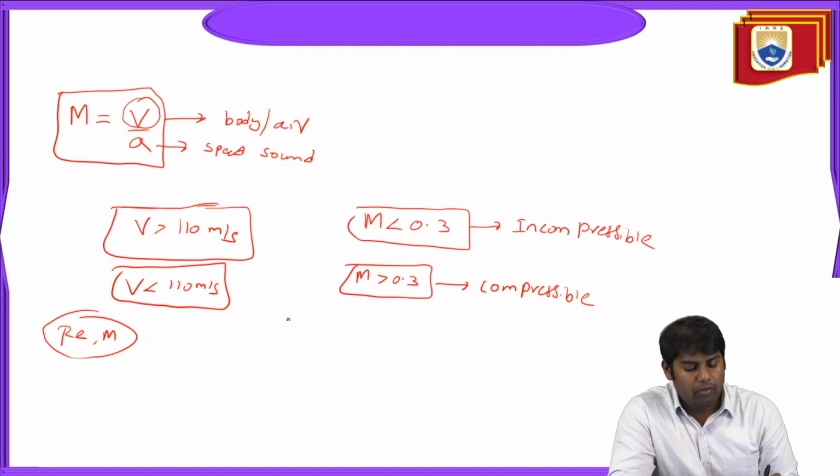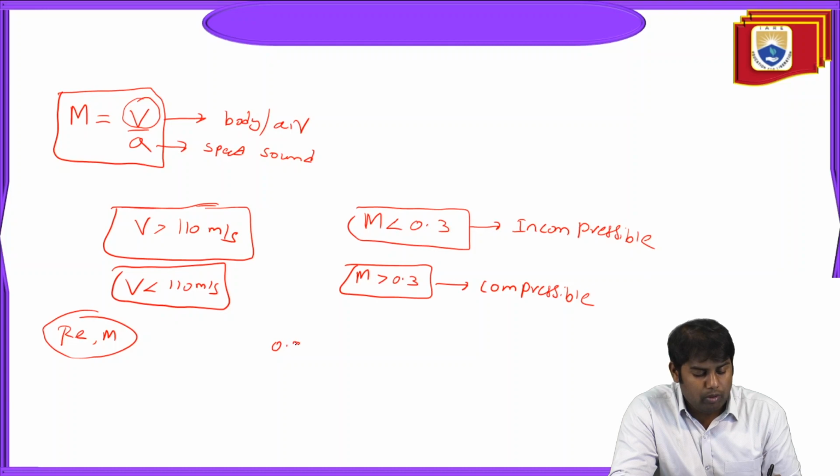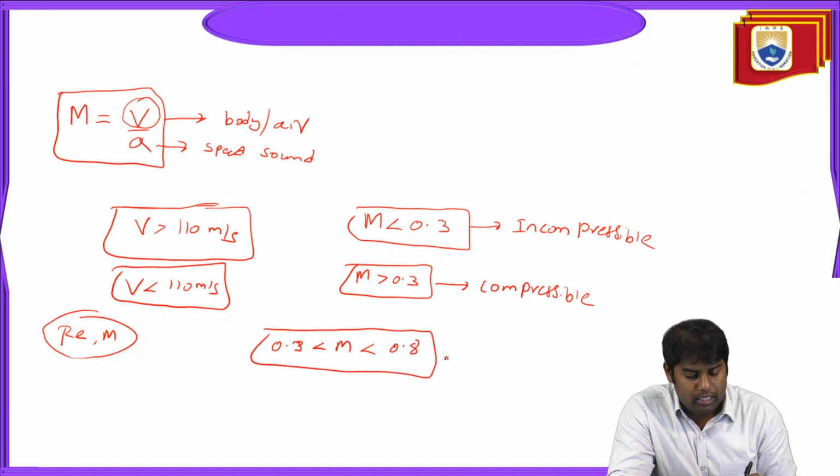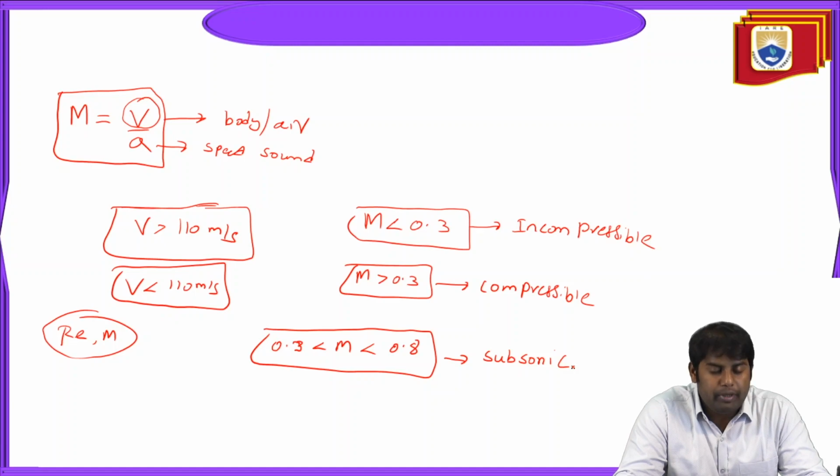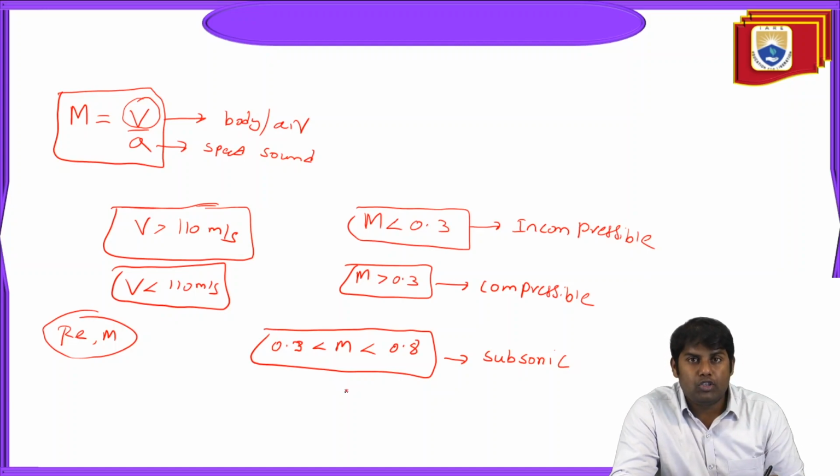When the Mach number is between 0.3 and 0.8, we say the flow is subsonic. Then we have a zone called transition flow.